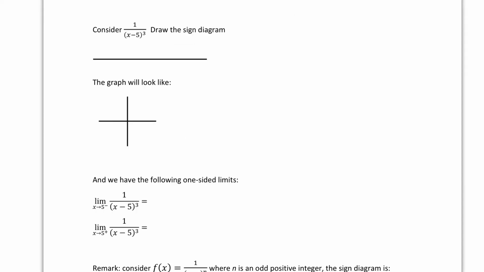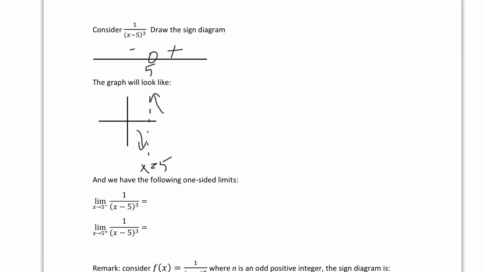So let's consider 1 over (x minus 5) to the 3. The limit process is as follows. You first draw a sign diagram. So over at 5, it's undefined. Then it's going to be positive, negative, which means the graph looks like this. You can draw yourself a little asymptote over at x equals 5. It's going to be positive on the one side, negative on the other side.